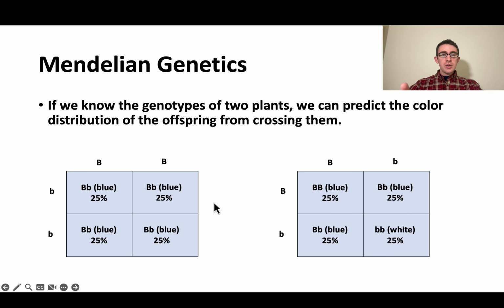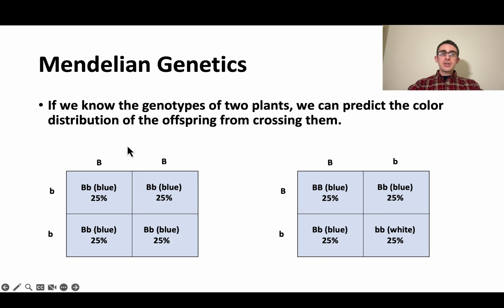So if we're crossing two flowers and we know their genotypes, we can set up what are called Punnett squares. You guys might remember these from high school. This is an example of a Punnett square for a cross between a flower with two blue alleles and a flower with two white alleles. If we set up the table like this, then we can see all the possible combinations that an offspring flower in the following generation could have.